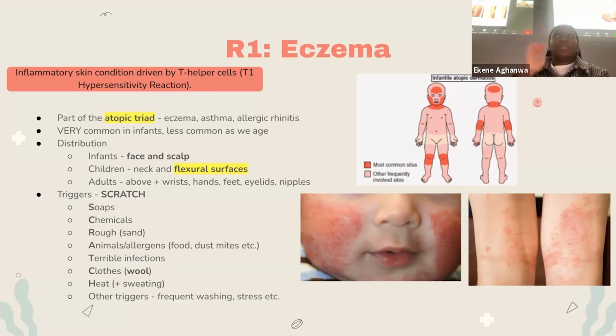Eczema can have some triggers that it's good to be aware of, so you can educate patients to stay away from these triggers. Things like soaps, chemicals, allergens, and wool in particular can trigger eczema too.